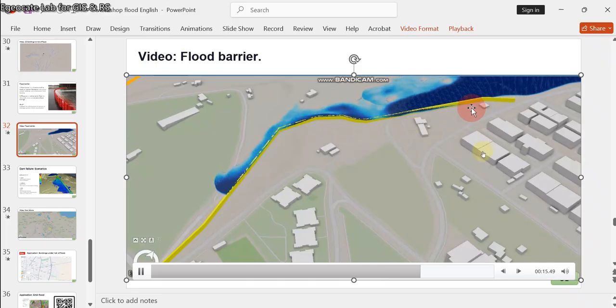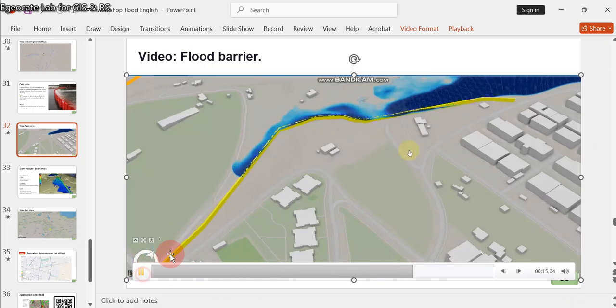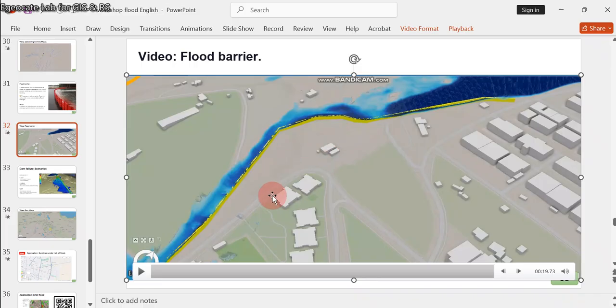What height is needed, and what depth and thickness of this barrier need to be to solve this problem? So we can simulate this in ArcGIS Pro or other software. And as you see here, this area is now safe due to using this flood barrier.